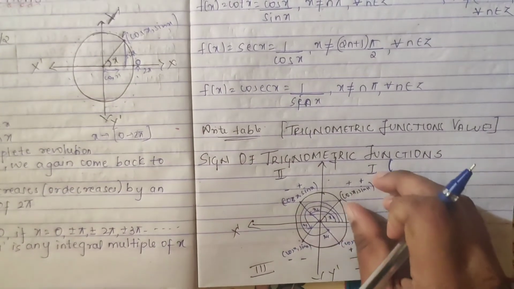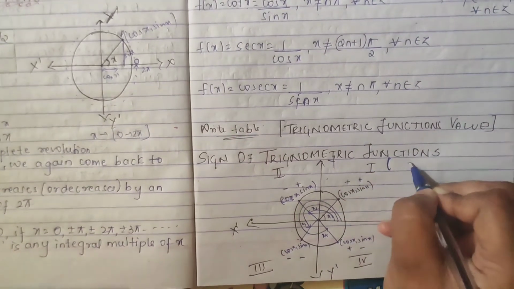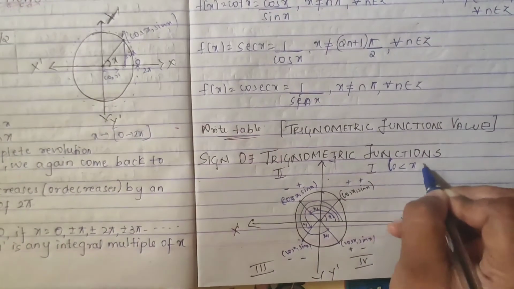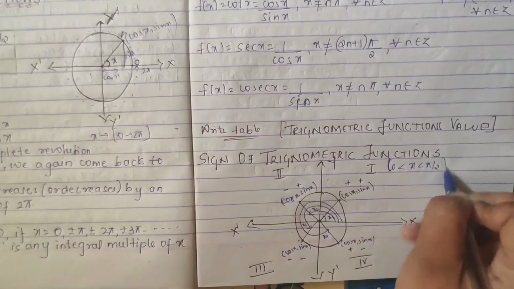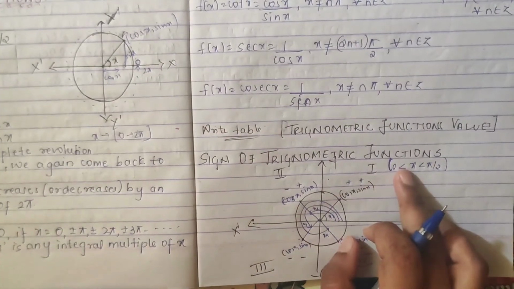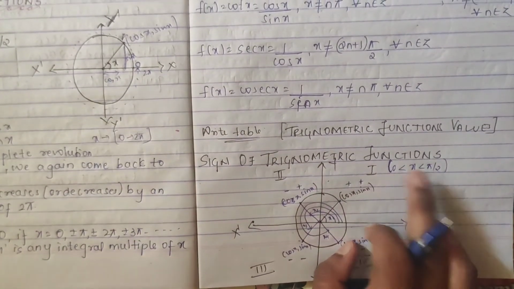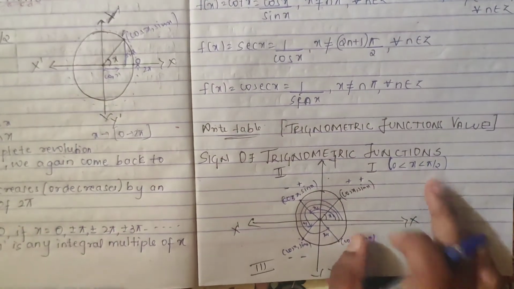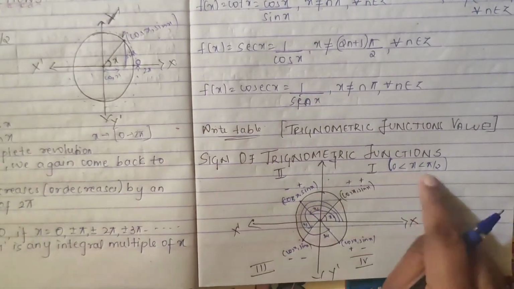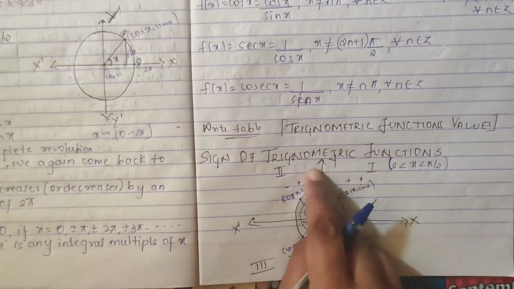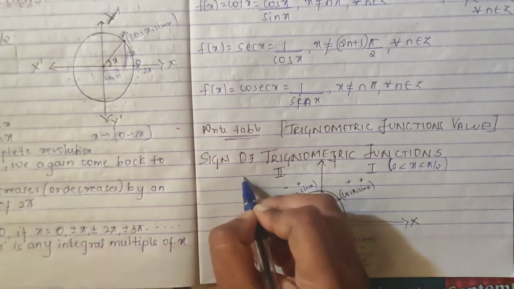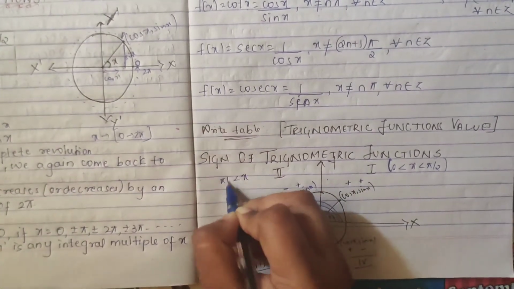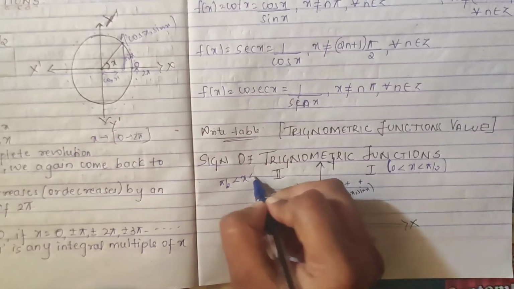in this quadrant you can see your x is lying between 0 to pi by 2, right? It is greater than 0 but less than pi by 2 in your first quadrant. In the second quadrant, it is greater than pi by 2 but less than pi.